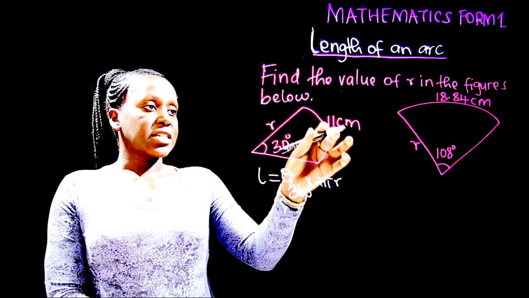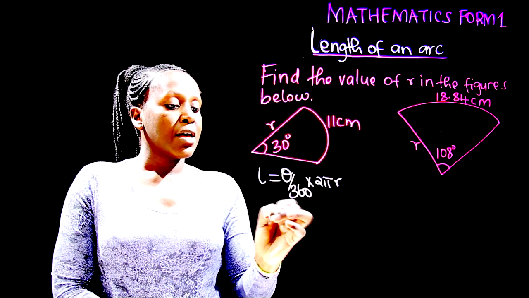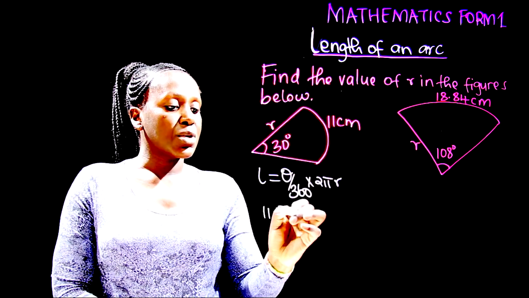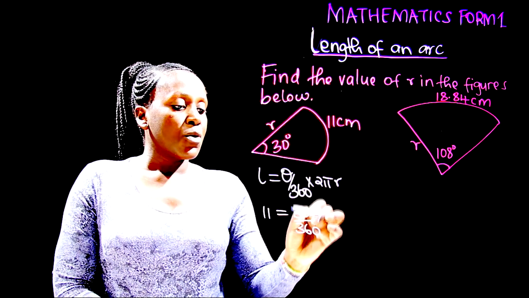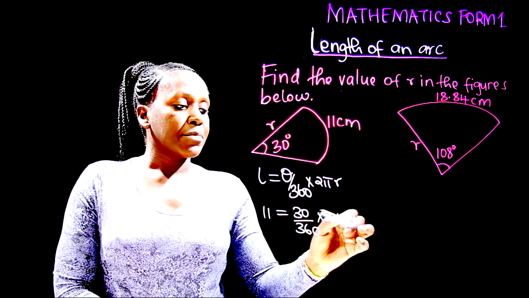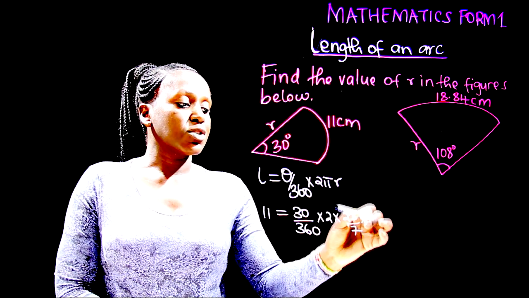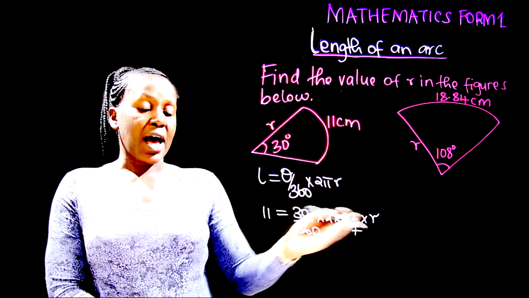The length is given as 11 centimeters, so 11 is equal to 30 over 360, times 2, times pi, times r. We are interested in obtaining r.